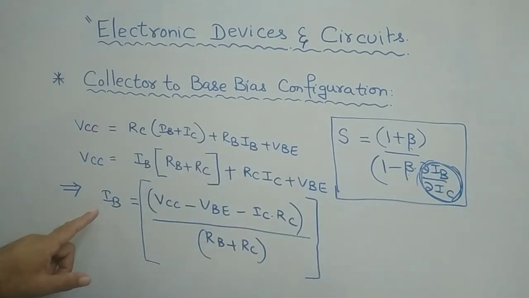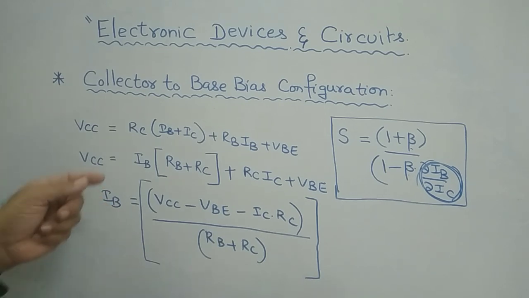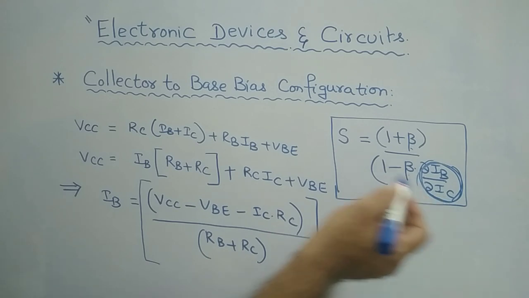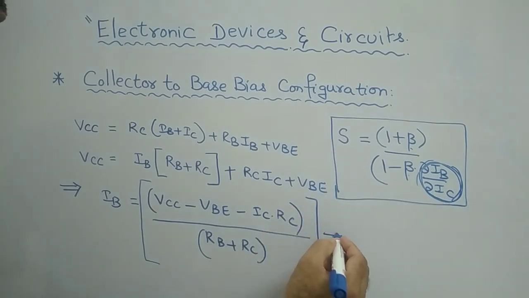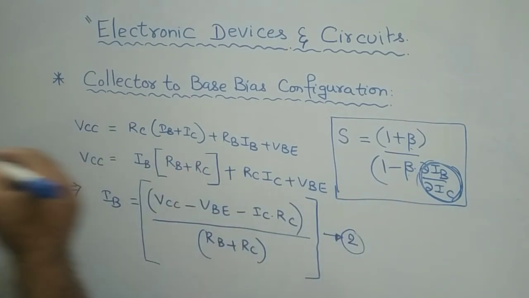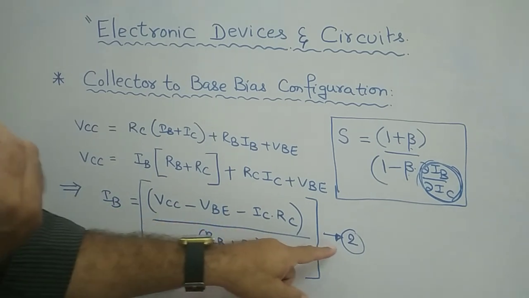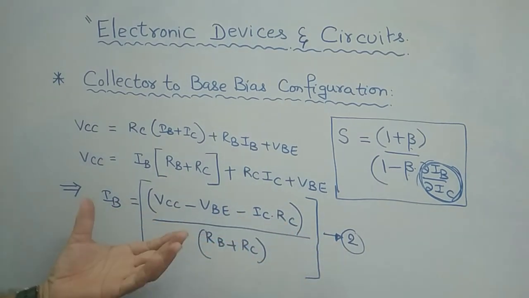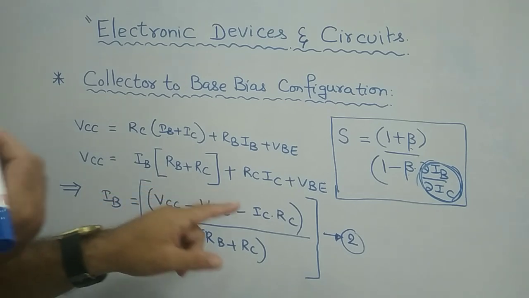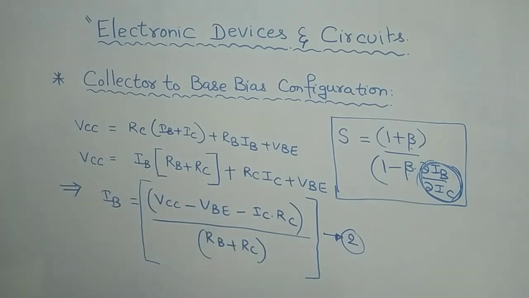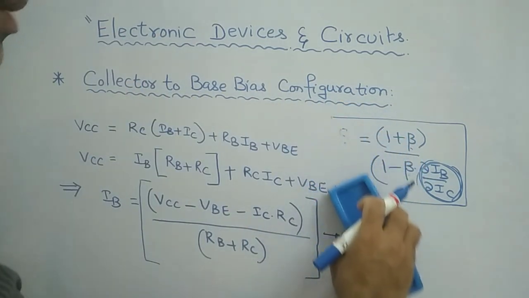Therefore, what I need to do? For this IB value, you differentiate this IB with respect to IC. You can call this IB expression as expression number 2. Now, differentiate IB with respect to IC. So I am erasing this also.